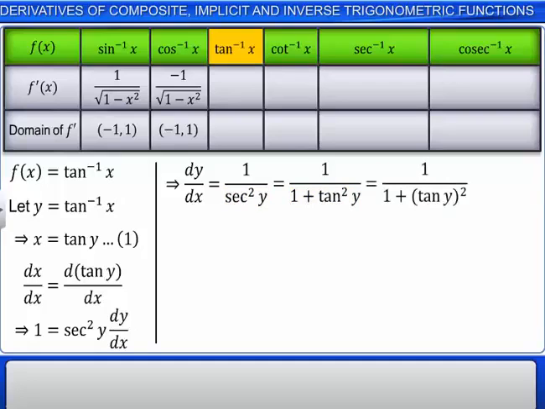Therefore, dy by dx is equal to 1 divided by 1 plus x squared. The derivative of tan inverse x exists for all real values of x.